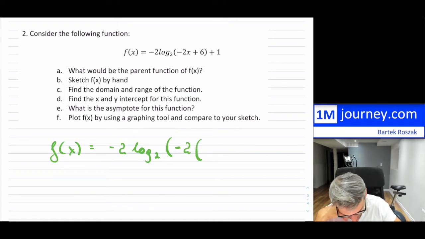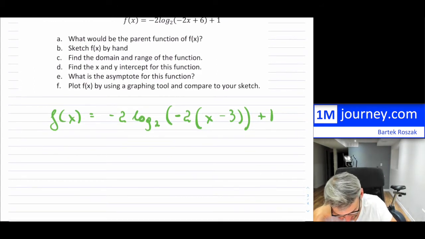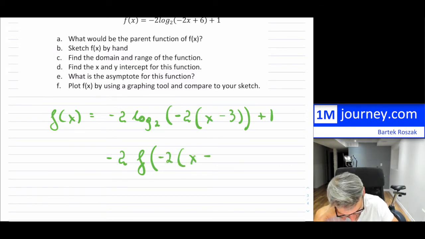So I'm going to put it into our form for transformations: minus 2, and log base 2 of x minus 3, plus 1.